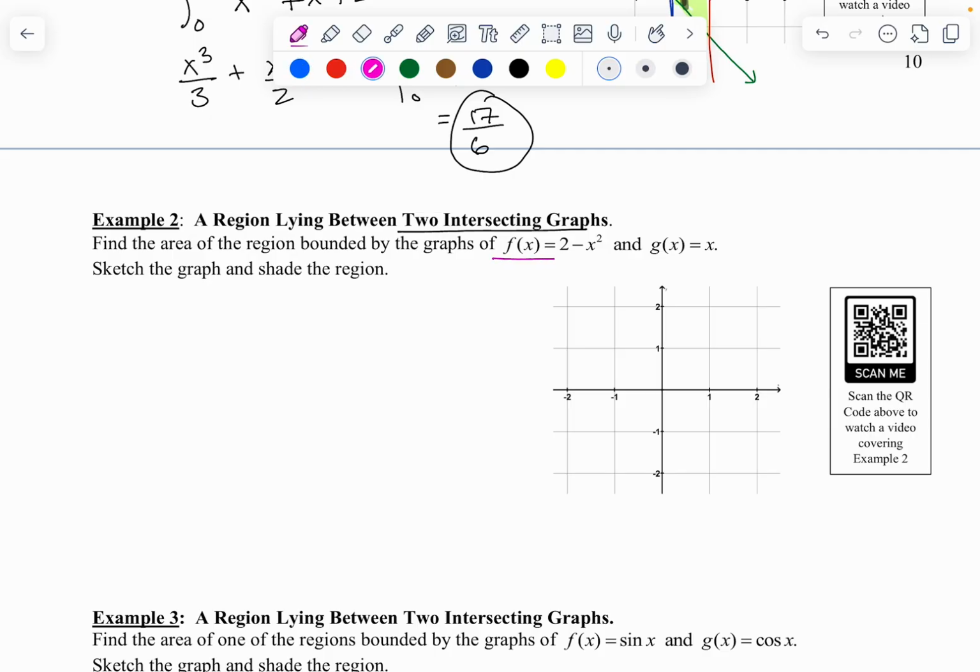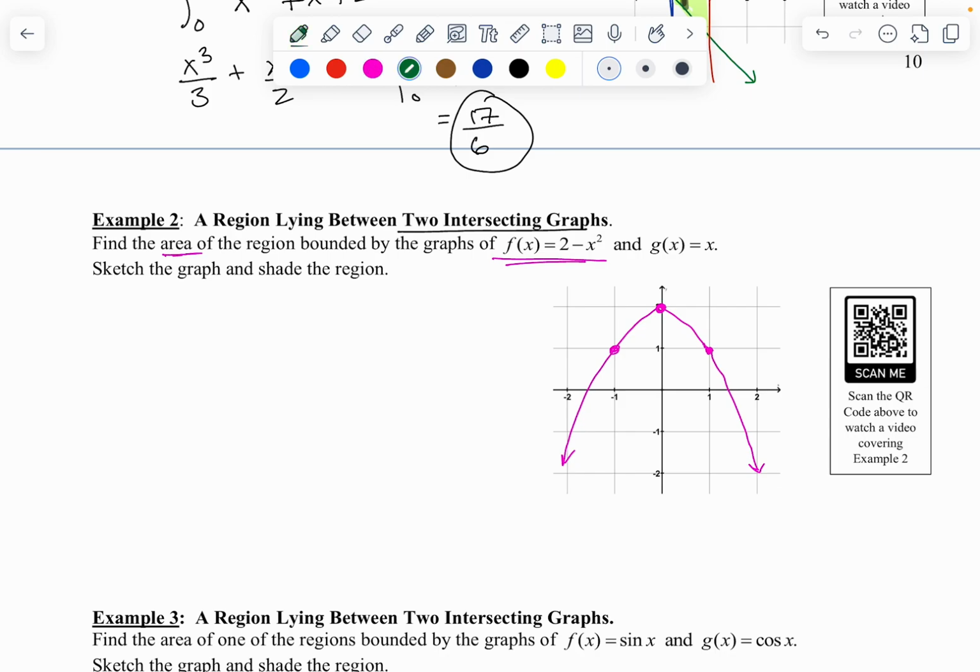The first function: find the area of the region bounded by the graphs of 2 minus x squared. Well, this is a quadratic that is flipped down. I know that at negative 1 we're going to be at 1, and at 1, there it is. You don't want a perfect graph, you just want a good enough graph to be able to graph it accurately, right?